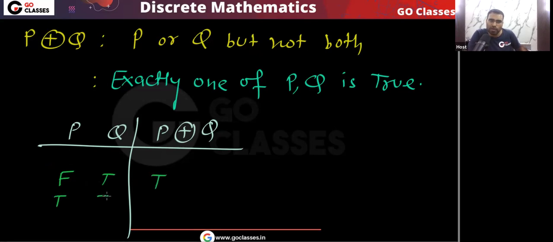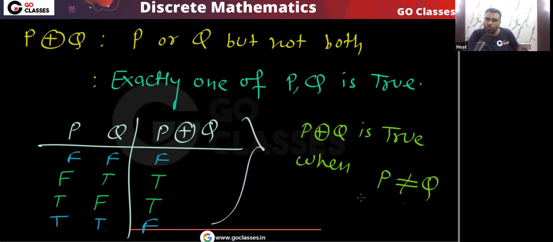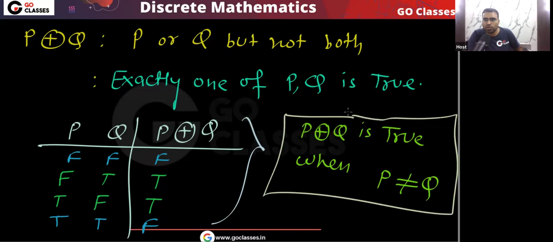And when they are the same, then this will be false. You can also think like this: P XOR Q is true when P is not equal to Q.